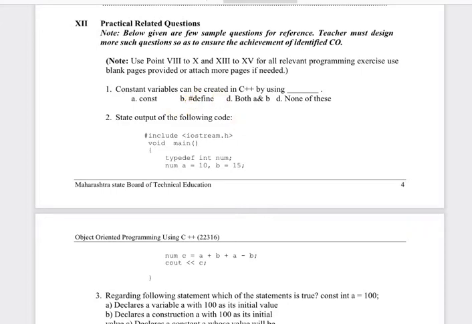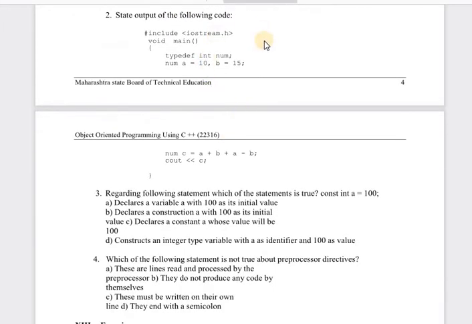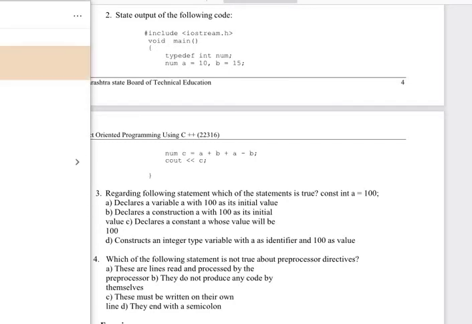Now the second question is: state the output of the following code. We can orally calculate the output of this program. First we will see how to find out the answer or output of this program. So for this we are using the Turbo C software.